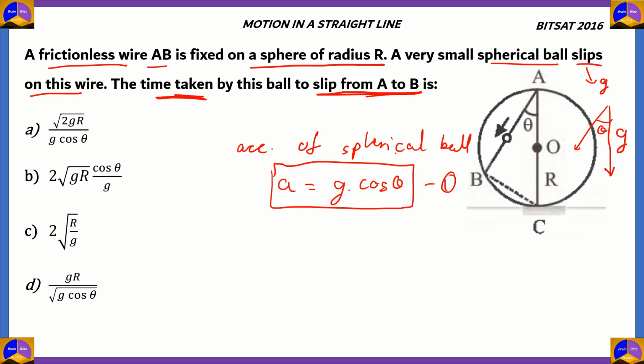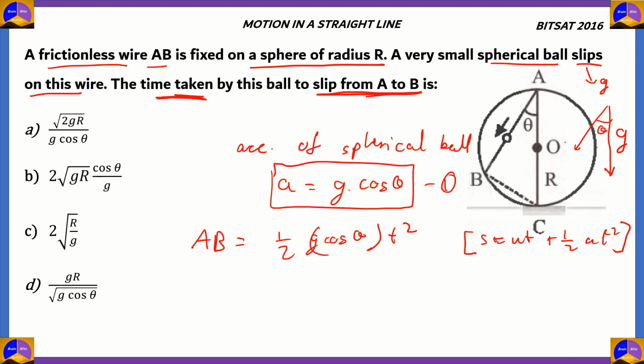Now, we need to find out the distance between A and B. So the distance AB will be equal to half g cos theta times t squared, where t is the time. Basically, we use the second law of motion, s equals ut plus half at squared, but since the ball starts from rest, u equals 0.